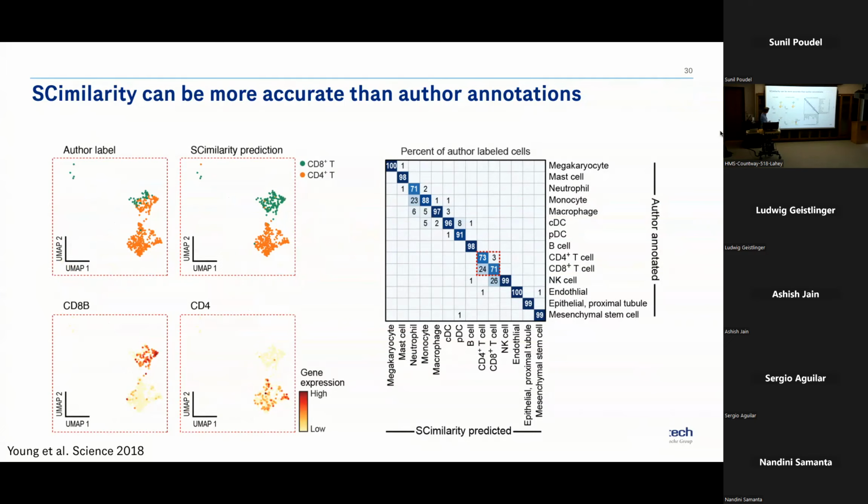And we can see the author label cells and the similarity prediction. And basically in the similarity prediction, this top cluster is going to be classified as CD8s and the bottom is CD4. And so we can take CD8 and CD4 gene expression, and we can see largely on in the top cluster for CD8 and largely on in the bottom cluster for CD4.